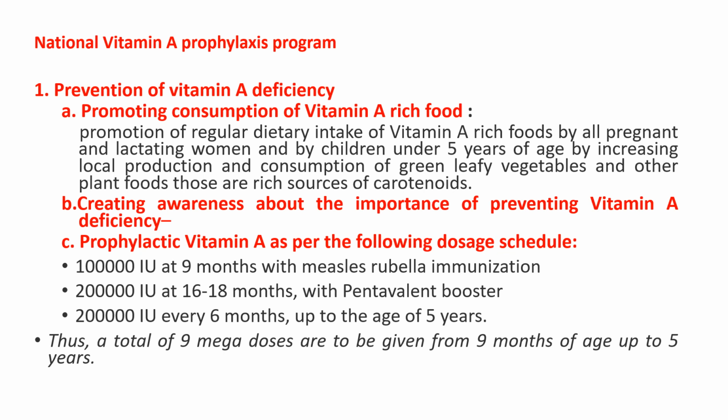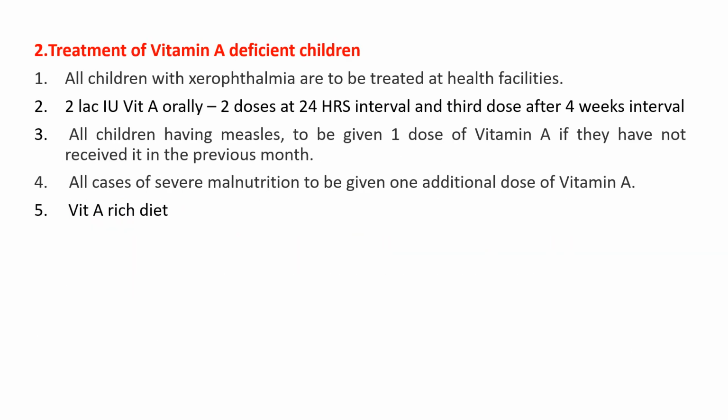It is usually given at 16 to 18 months along with the pentavalent booster, and every 6 months till 5 years, the 9 megadoses of vitamin A are given. This was what we talked about, the prophylactic doses.